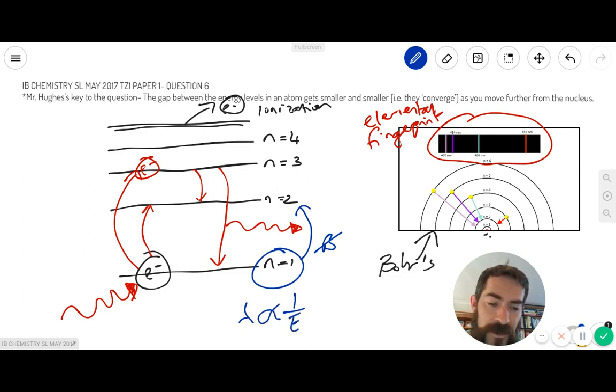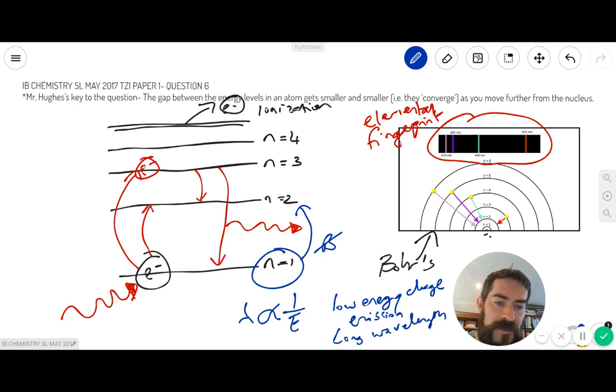In other words, if you have radiation with a low frequency or low energy, then you will have a long wavelength. You probably want to review the electromagnetic spectrum concept, so radio waves, microwaves, all the way up to X-rays and gamma rays.